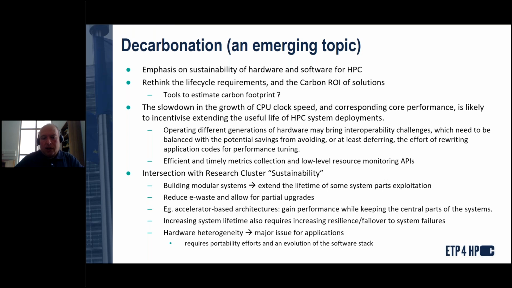And as I said before, having more heterogeneous platforms pushes the application owners to consider portability from yet another point of view, the point of view that eventually they will need to be able to operate on a mixed hardware environment. And that is, again, a driver for the evolution of the software stack, at least from the point of view of applications.